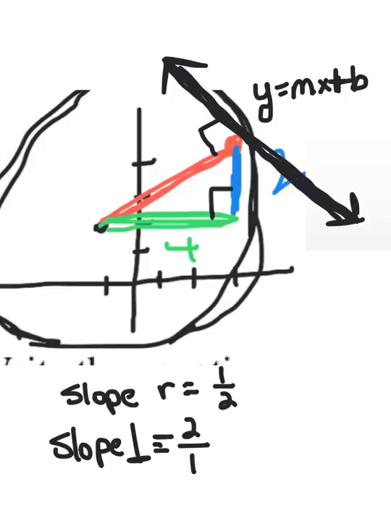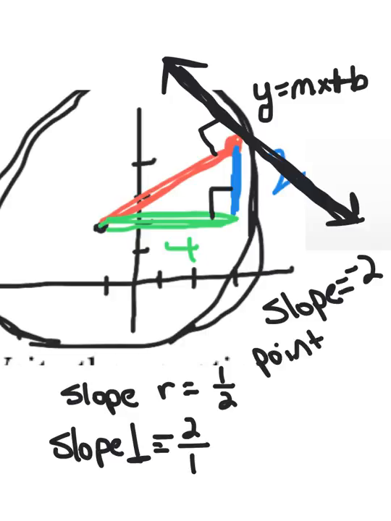So that helps us try to find the equation of this line. So one more thing we need. Well, if we know the slope is negative 2, and we know that the point 3, 4 is on the line, then we can use the point slope formula to find the equation of this line.